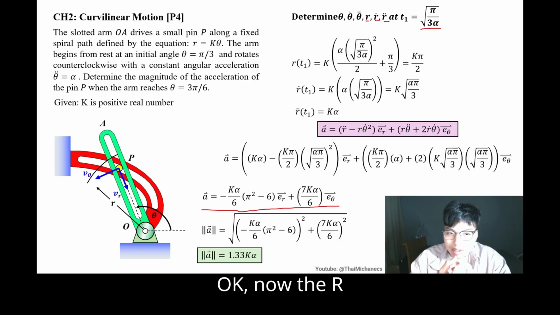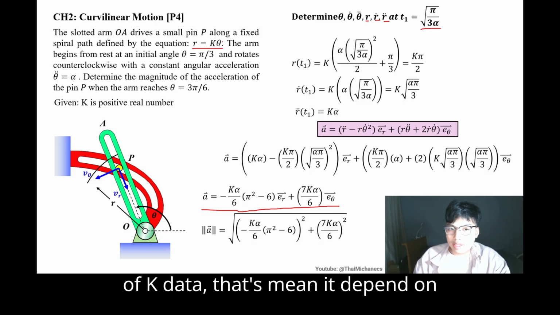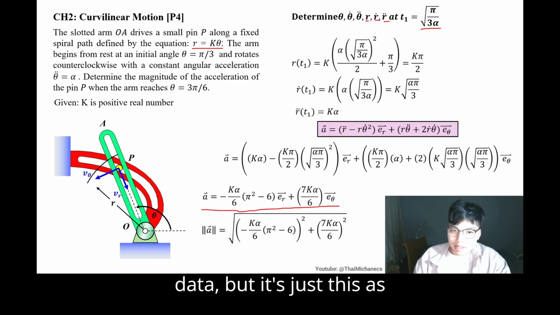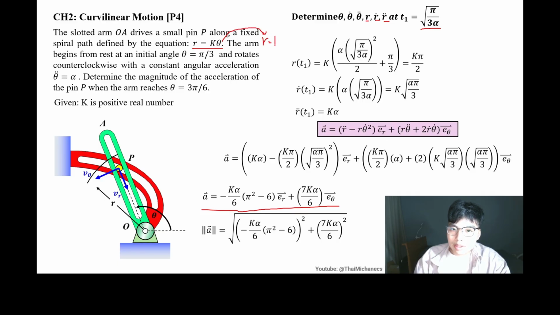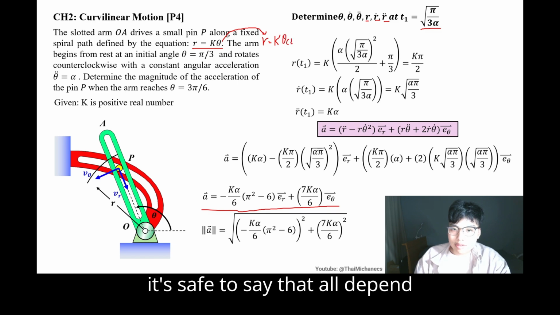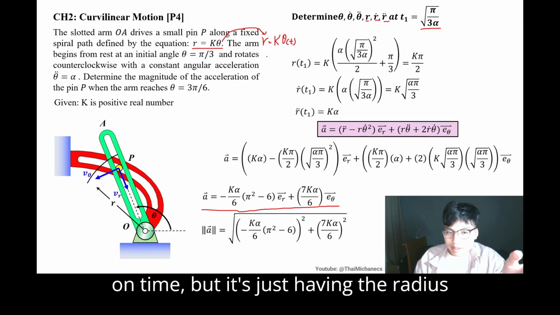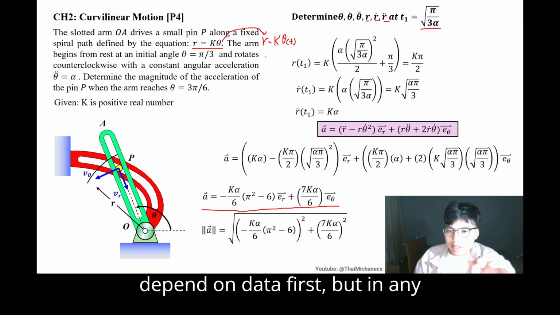Now for r, even though they give the equation of k theta, meaning it depends on theta, that is just a disguise because theta will finally depend on time. So it's safe to say that everything depends on time, but it just happens that the radius depends on theta first.